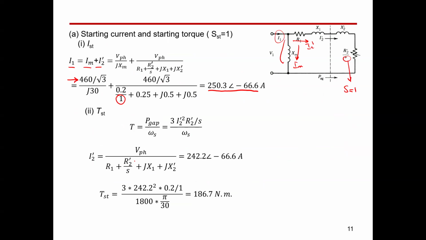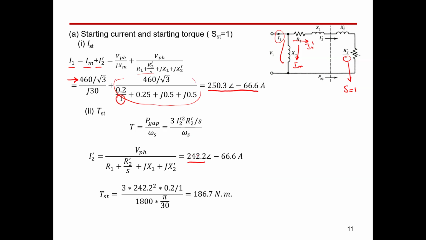So this is our current I2 prime. We need to get I2 prime alone. So I2 prime is this part only. We just repeated this part here to know the value of I2 prime.